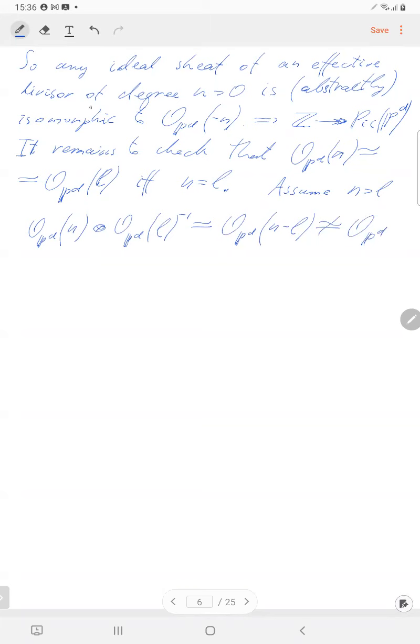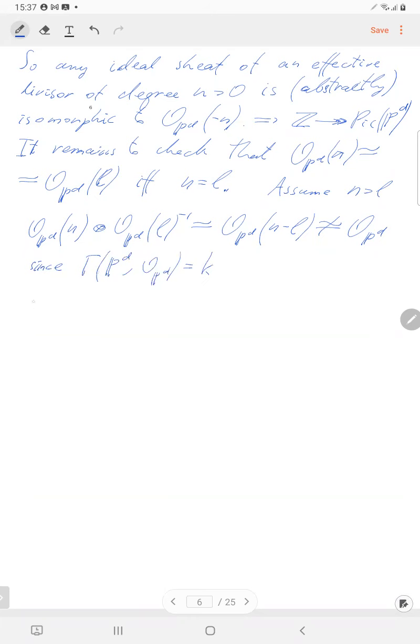Why is it not isomorphic? Any suggestions? Maybe the corresponding line bundles, we can look at them, and we proved that they have different global sections. Right, absolutely, yes, so they are distinguished by their global sections. The global sections of the structure sheaf are just constants.